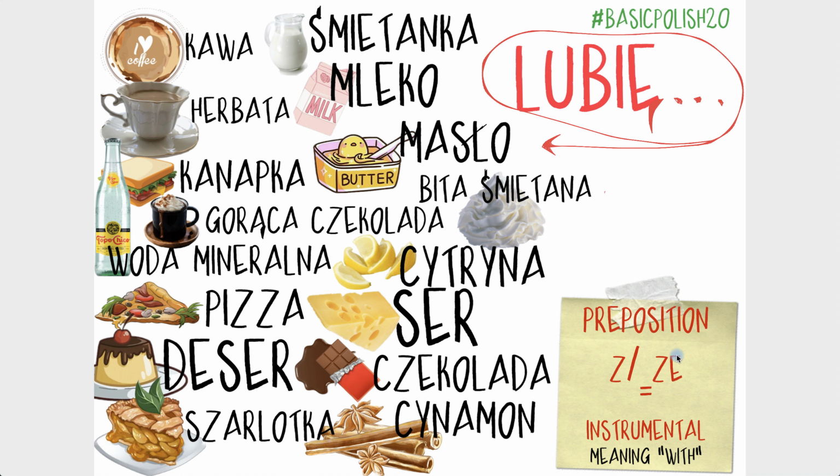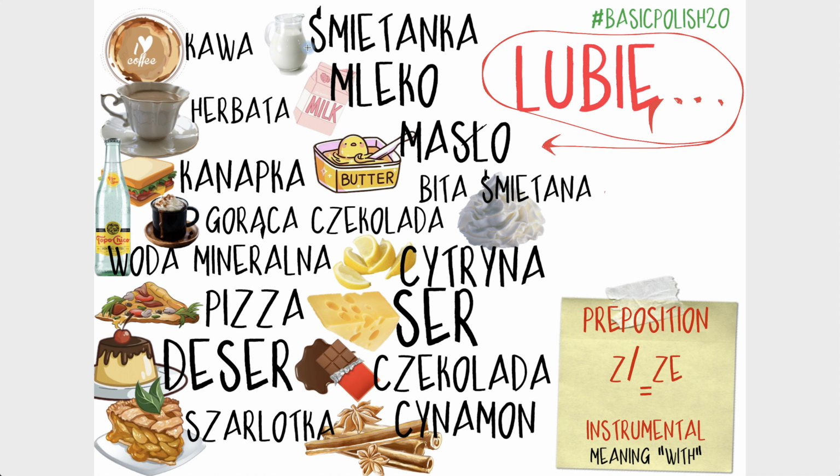Now, as you can see, we've also got the extended version of z, which is ze, and usually we use ze instead of z when we've got words difficult to pronounce. So, for instance, usually when we deal with consonants with an accent, like sh. The word śmietanka, a new word for you, which is single or double cream, is a feminine noun that starts with an accented consonant.